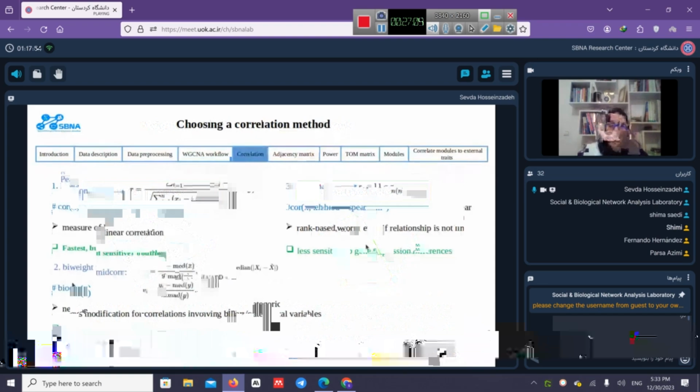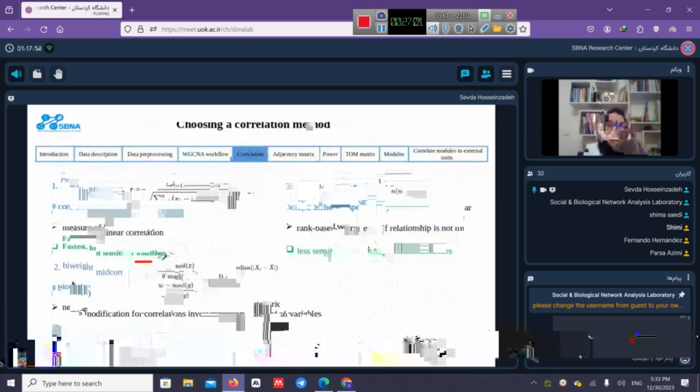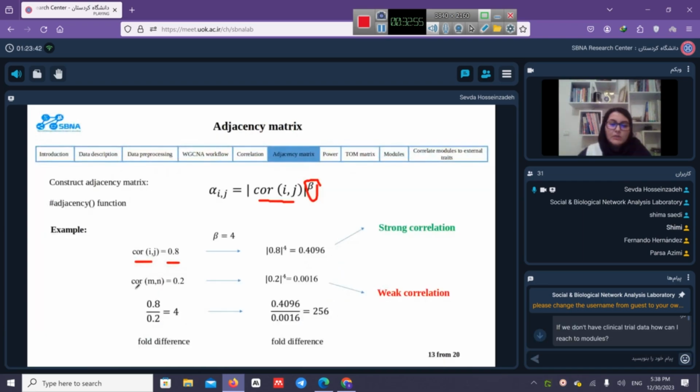Please pay attention to this part. If we just calculate the correlation between gene I and gene J, it's equal to 0.8, and I also calculate the correlation between these two other genes and it's equal to 0.2. But the fold difference between these two numbers is low, it's equal to 4. On the other hand, if we use power equal to 4, I get these numbers.